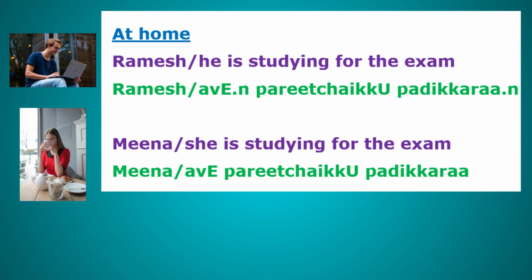Now, another scenario. This is at home, talking of Ramesh. He's studying for the exam. Avan parichaiku padikkaran. She is studying for the exam. Ava parichaiku padikkara. Both are fine. They're both young, and elders talk about them.